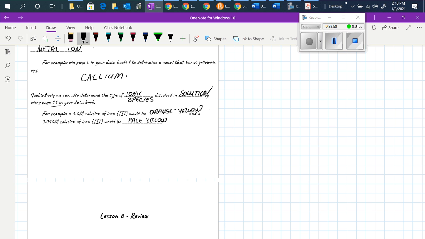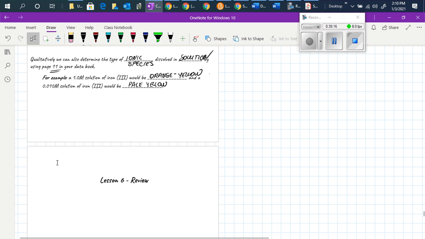Take a look at those pages in your data booklet, page 11 and page 6, and this will make sense. Okay, this concludes lesson 5, and we are pretty much done. Now we have a review, which we will do in class.